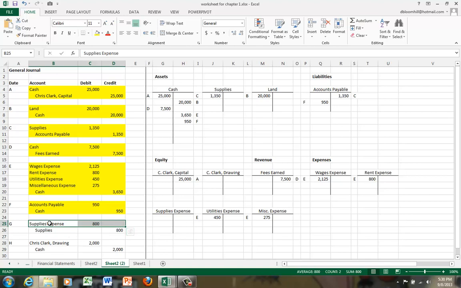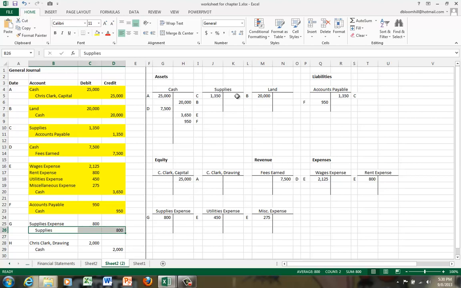So the first thing we do, first line, go to supplies expense. We're told to enter $800 on the debit side, so that's what we do. Enter $800 on the debit side of supplies expense, transaction G. Now we move over to the second line of transaction G, supplies $800 on the credit side.